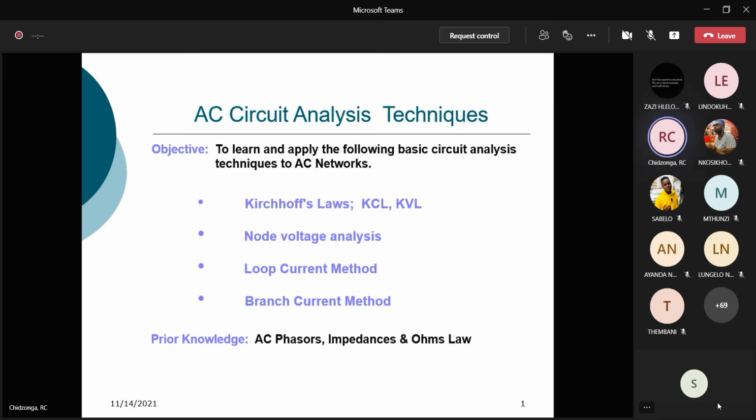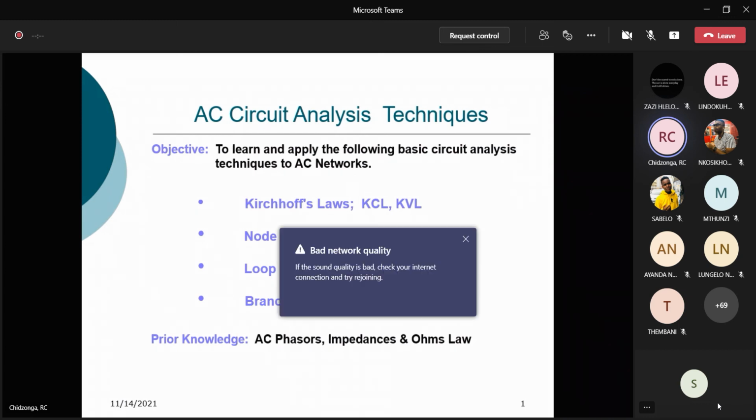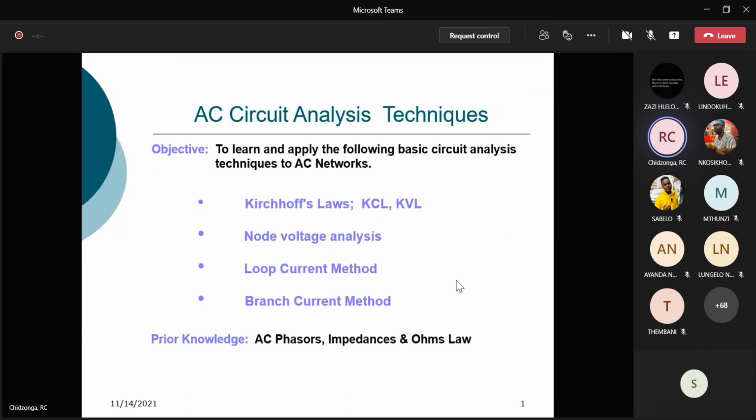Simple, one loop. We are using Ohm's law to divide, to find power, and so forth. But of course, circuits are not always that simple. They are complex. So we are going to meet in this unit techniques which you've already covered in Eng 1, but you were dealing with DC sources and resistance only.